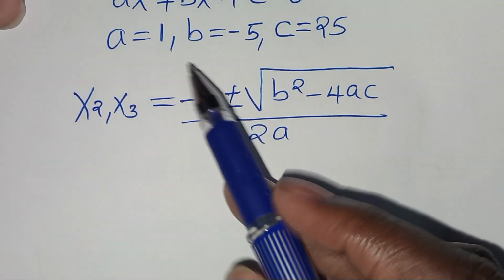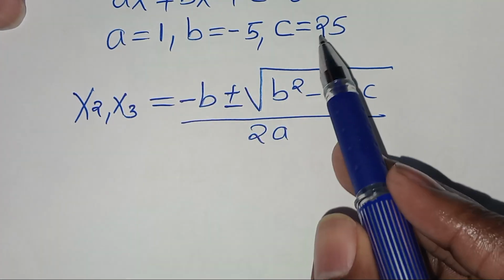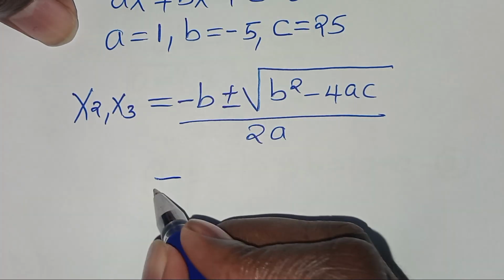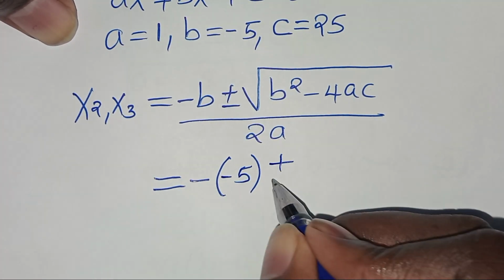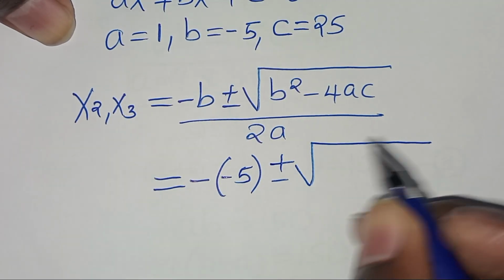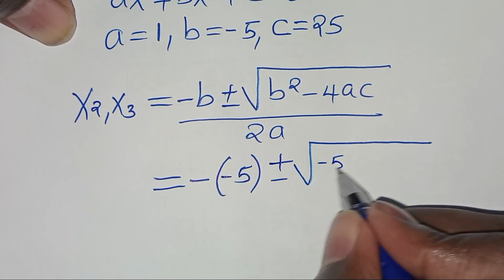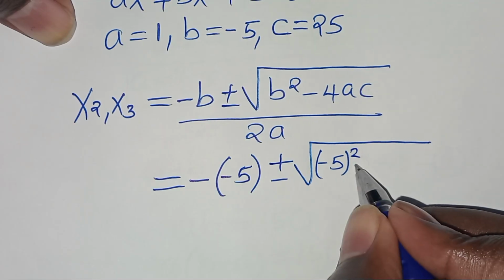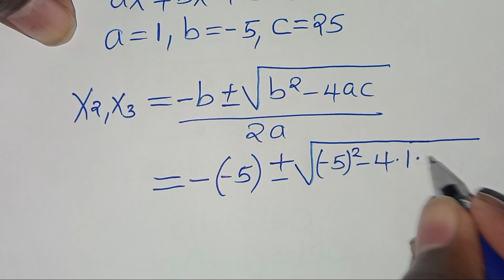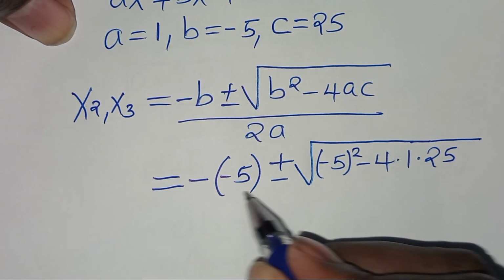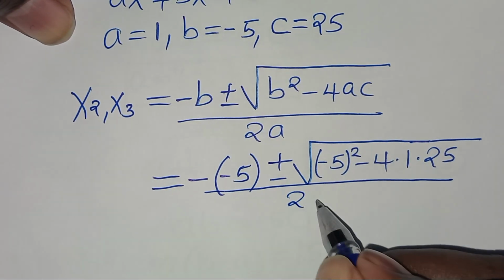Now let's substitute the values of a, b, and c, so that we have minus 5 plus or minus the square root of minus 5 squared, subtract 4 times a, which is 1, times c, which is 25, everything divided by 2 times 1.